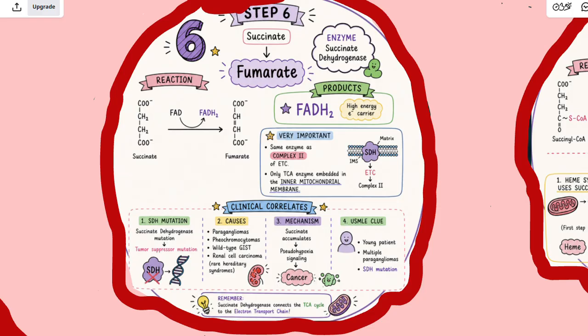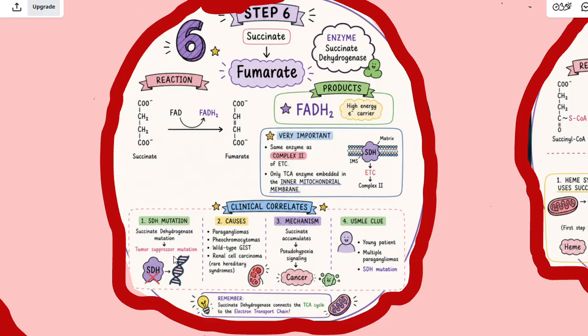Another thing I would like to mention here is a mutation that we've seen with the succinate dehydrogenase enzyme. Whenever there's a mutation of the succinate dehydrogenase enzyme, it leads to a tumor suppressor mutation, right? It's associated with tumors like paraganglioma, pheochromocytoma, gastrointestinal stromal tumors, in some cases renal cell carcinoma, and some hereditary syndromes.